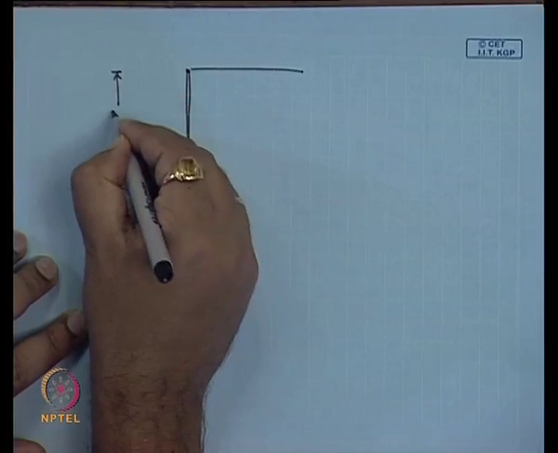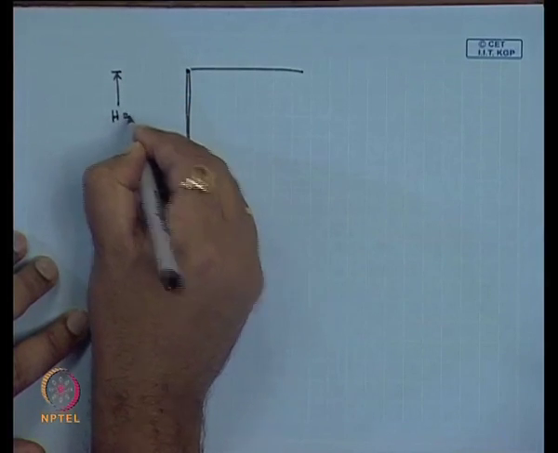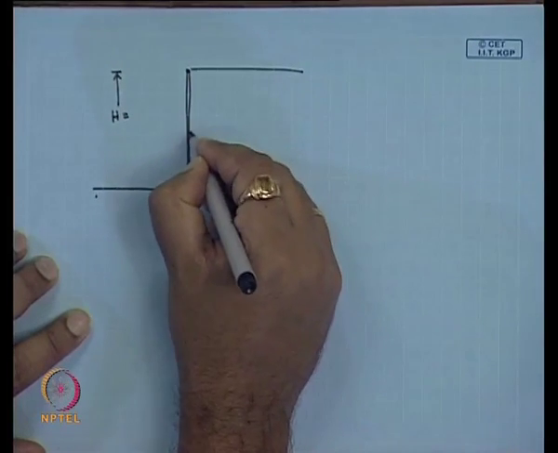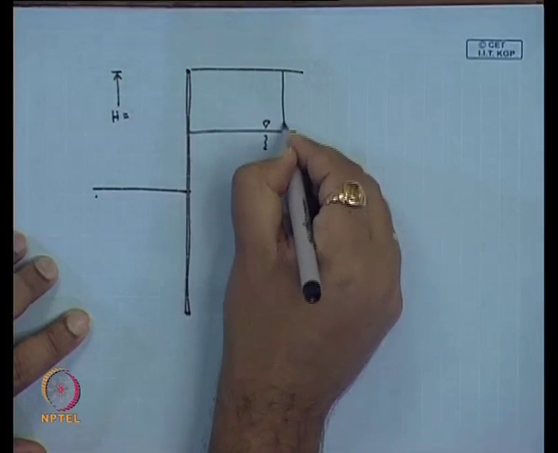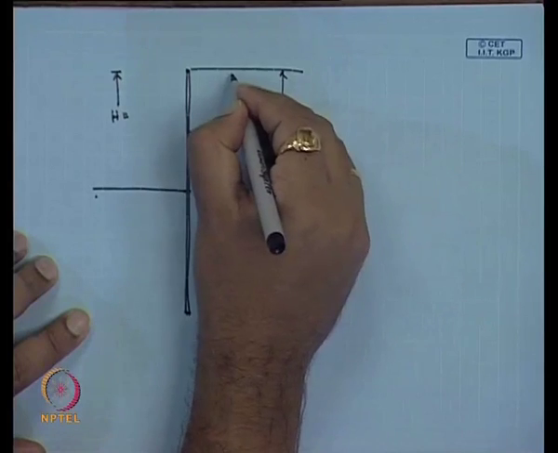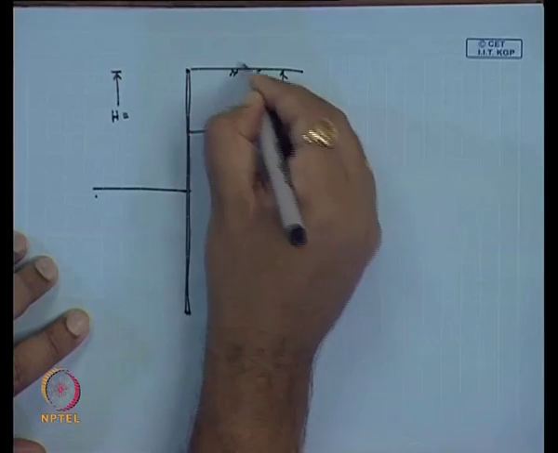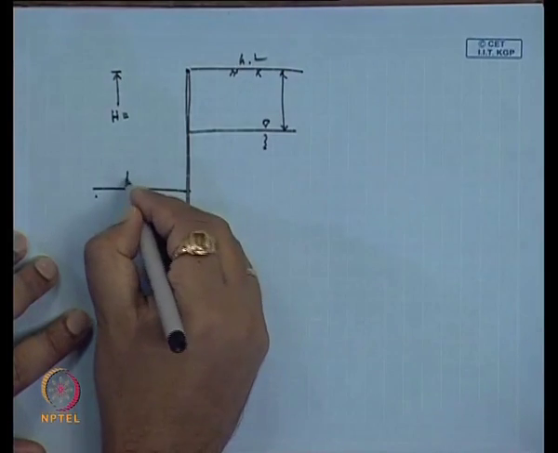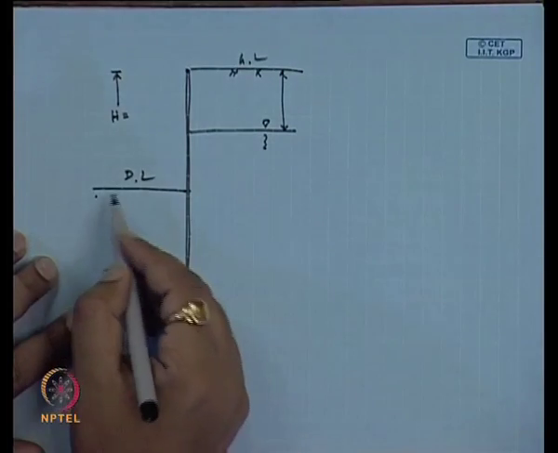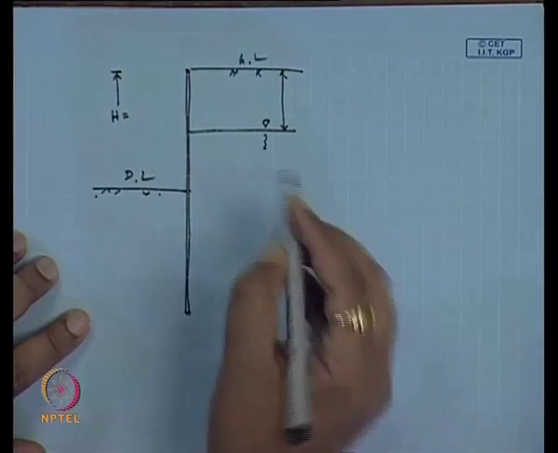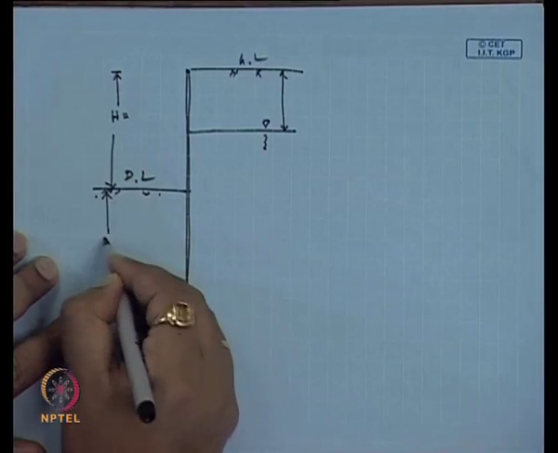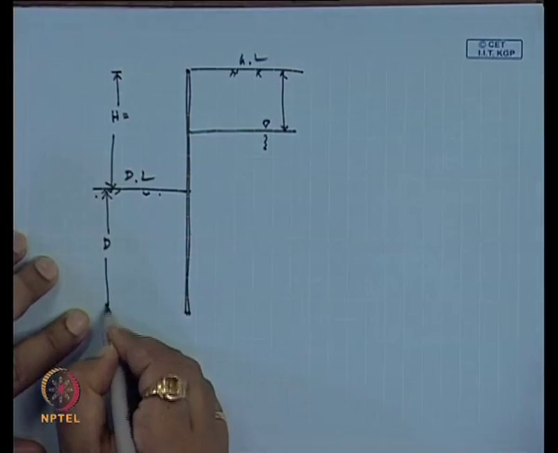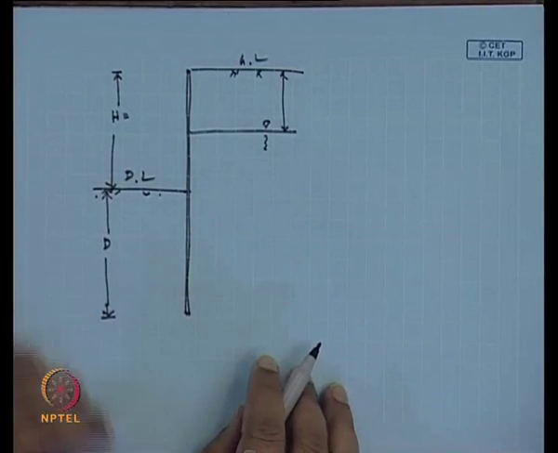This is the position of the water table, and from this ground level to the dredge level, this is H and this is D that we will calculate.